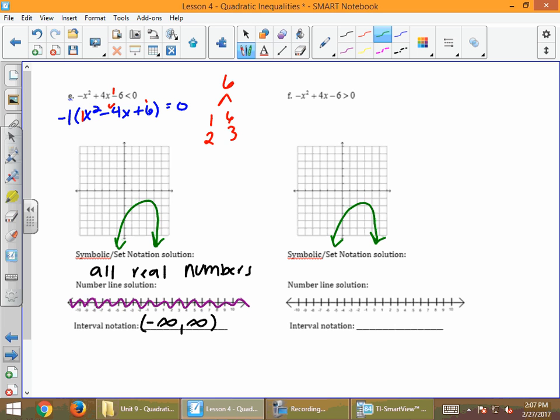No. So are any numbers going to work? No. We have no solution. So are we going to change anything on our number line? No. And then interval notation is the empty set. Nothing will work.